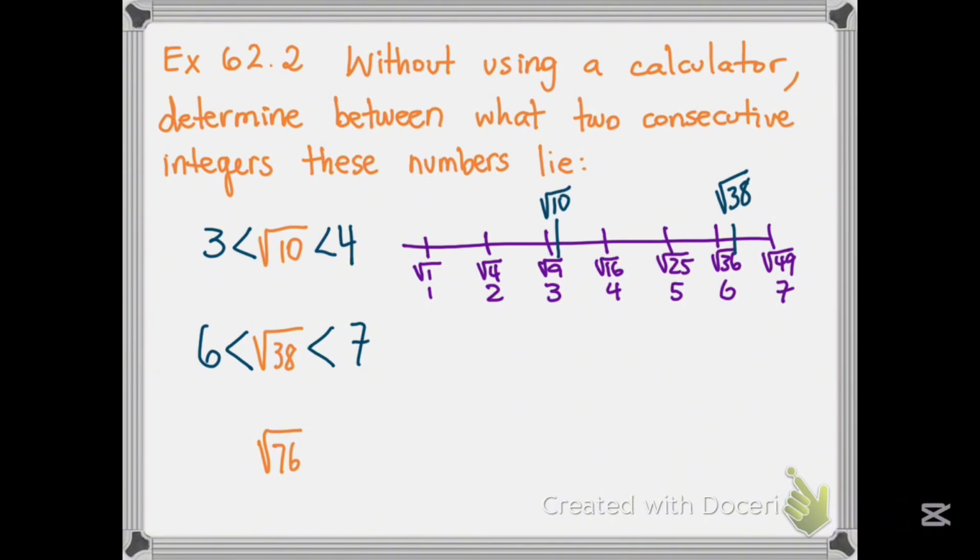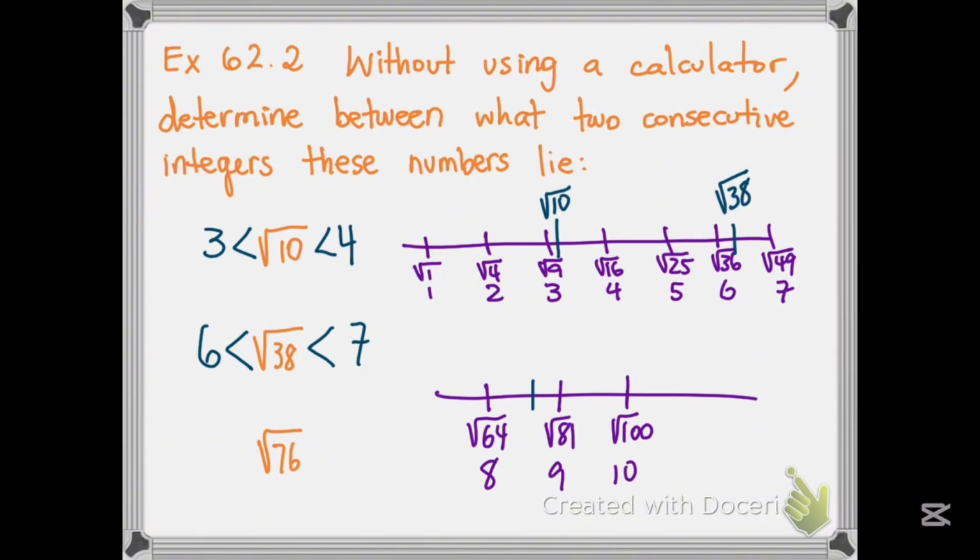Now for the square root of 76, we have to start counting a little bit higher. So we'll do the square root of 64, which is 8, and the square root of 81, which is 9, and the square root of 100, which is 10. In this case, the square root of 76 is somewhere here. So it's a number between 8 and 9. And that's it, very simple.